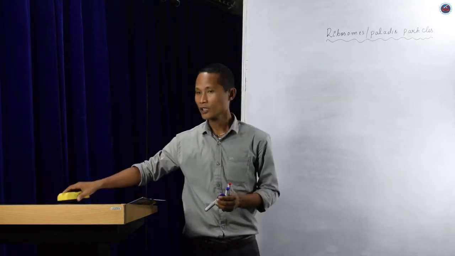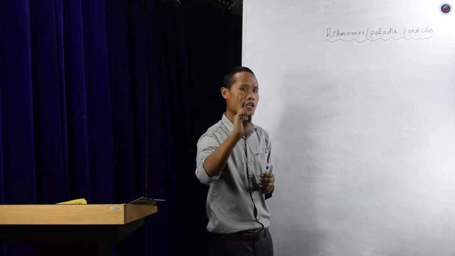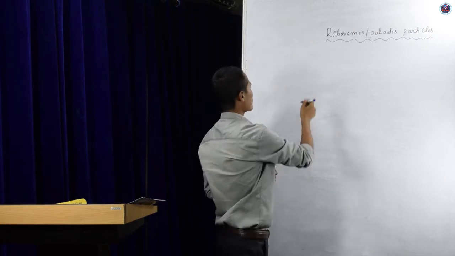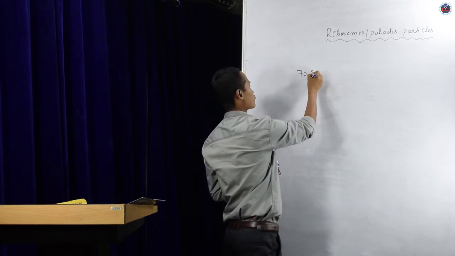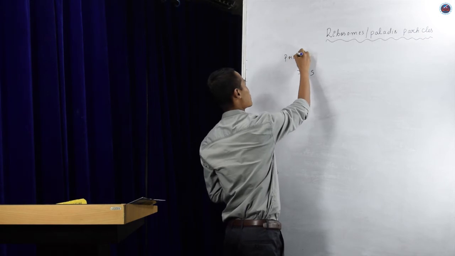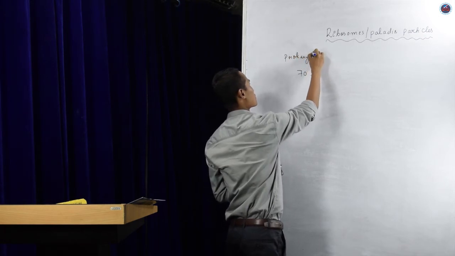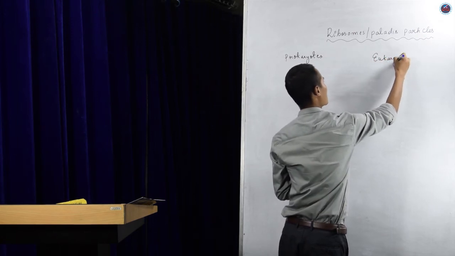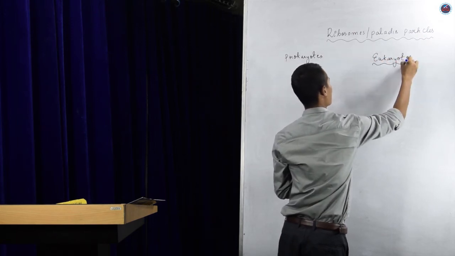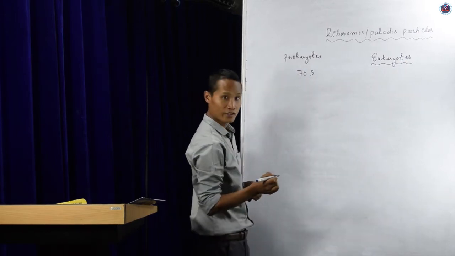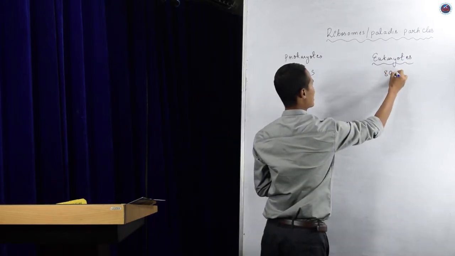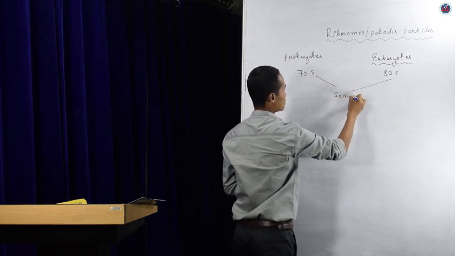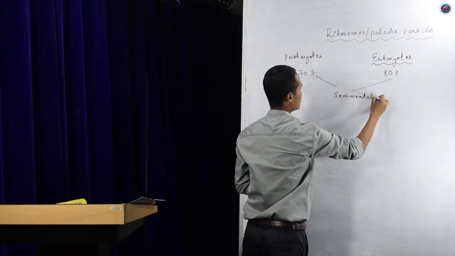Now the differentiation between the two types of ribosomes: in prokaryotes it is 70S and in eukaryotes it is 80S. What is S? S is the sedimentation coefficient.